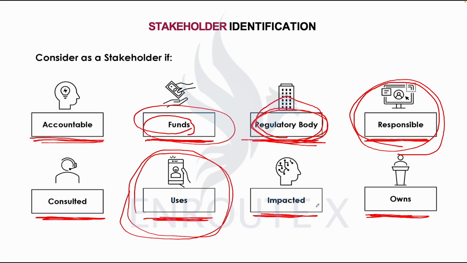If the government decides to build a road that will pass through a special portion of your village, that will cause an impact on that piece of land. So those affected are also stakeholders on the project. Then, of course, the owner. Let's go further. It's a long lesson, so I want us to catch some speed.